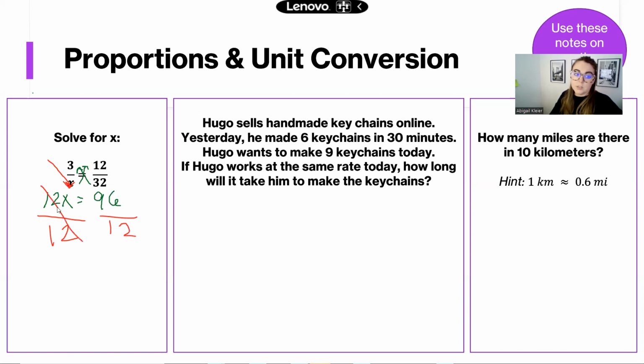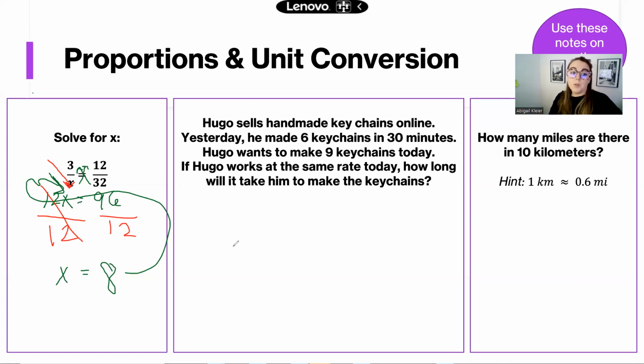This leaves me with x equals 96 divided by 12, which is 8. So the answer to my proportion is x equals 8. Again, I solved this by cross multiplying and then solving a one-step equation by simplifying using inverse operations.